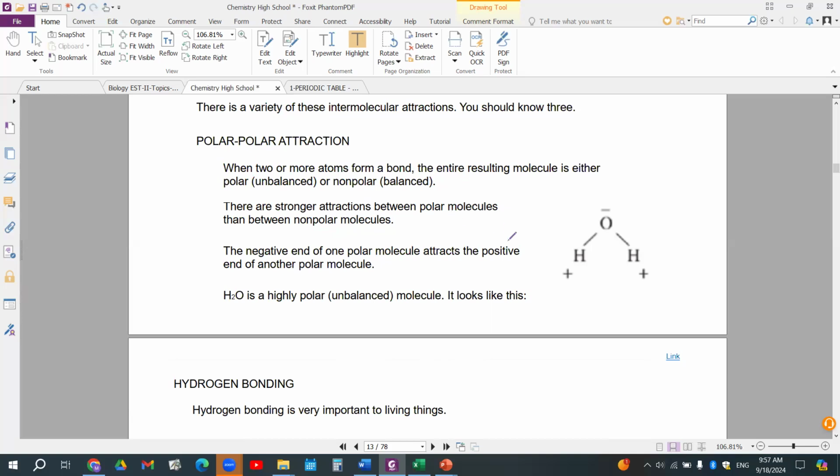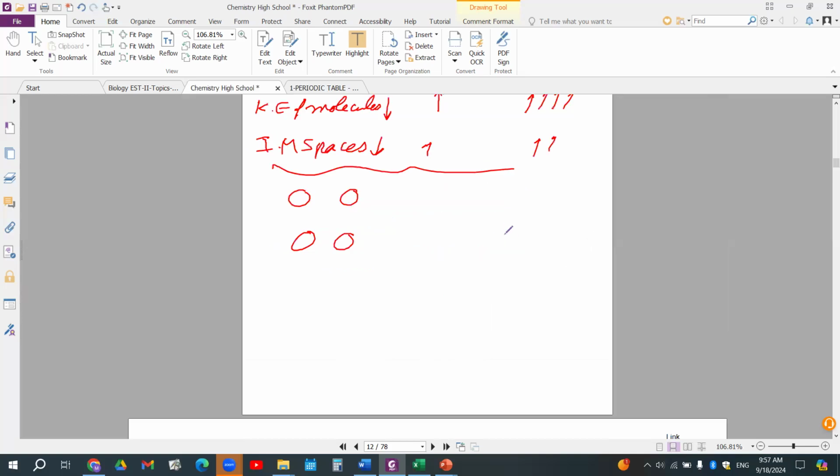Look here. Glucose has a polar end, a positive end and a negative end. It attracts to the negative of the neighboring molecule, unlike this, and makes crystals, and so on. But it is an intact molecule.